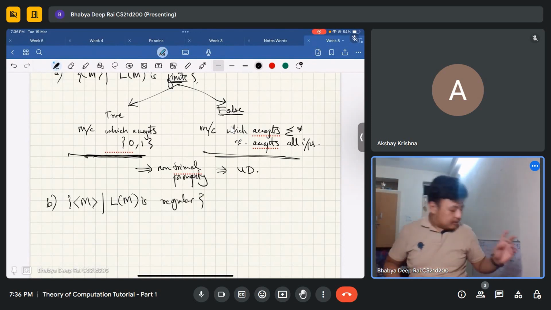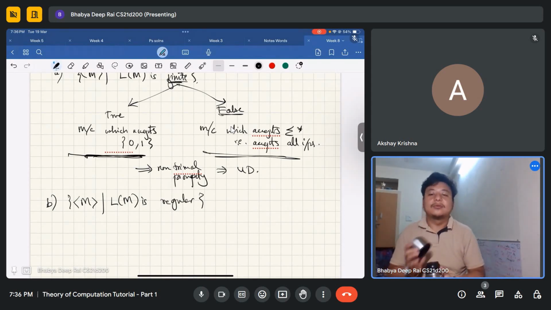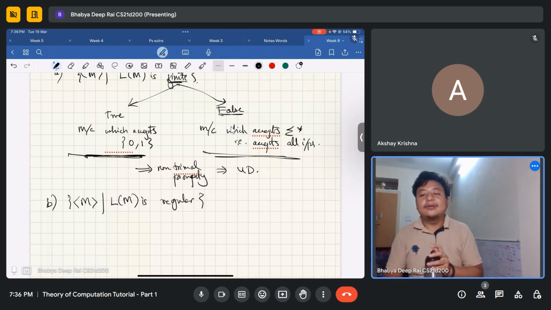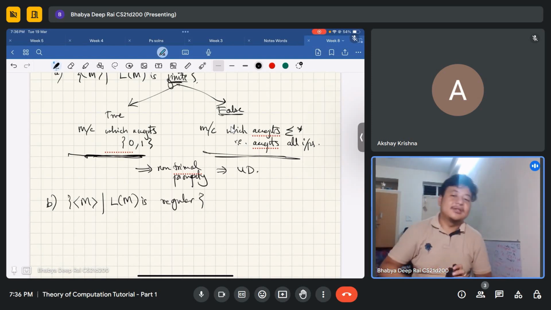Trivial means for any machine given, the property is always true, or the property is always false. Non-trivial means I can always give you an example of a machine where the property is true, and I can give you an example of a machine where the property is false.